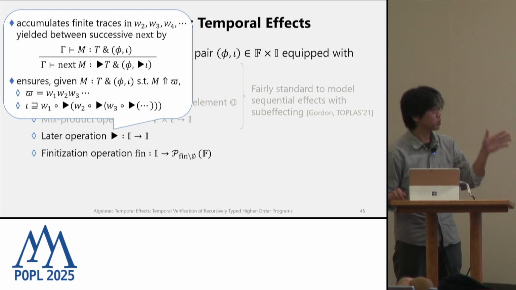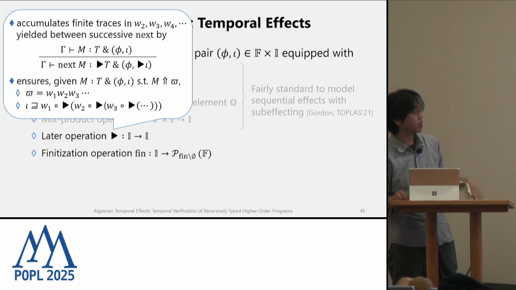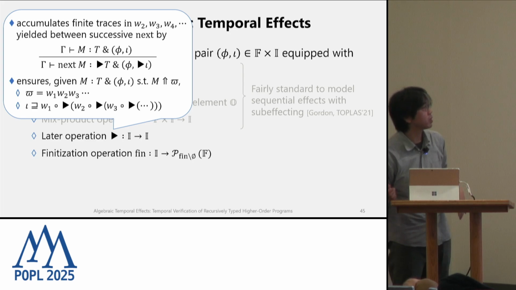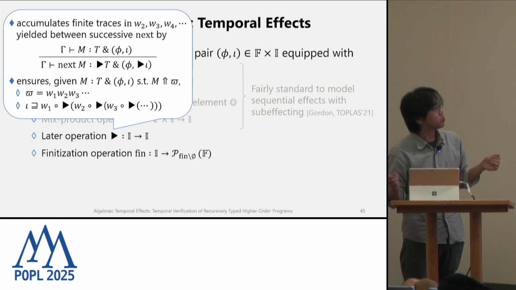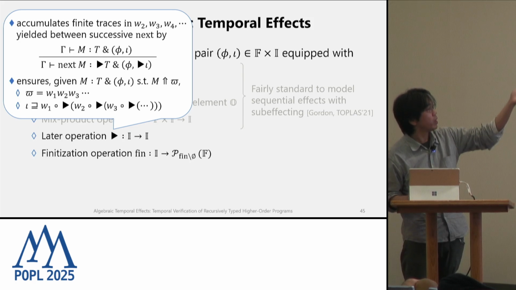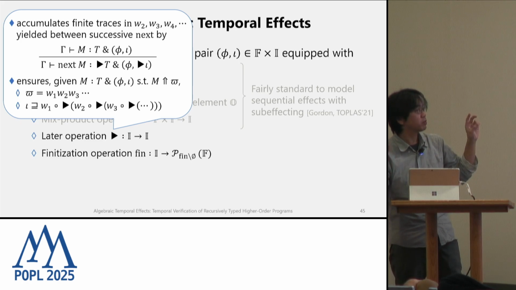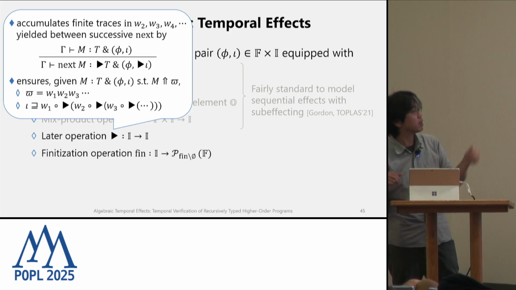The later operation is an effect level operation for later modalities. And the role of the later operation is to accumulate finite traces generated by the non-terminating programs. We can achieve this accumulation by introducing this typing rule, where the later operation is applied to the infinite effect of the guarded term M. And then we can ensure that if a well-typed program generates some infinite trace, then the trace is split into infinitely many traces.